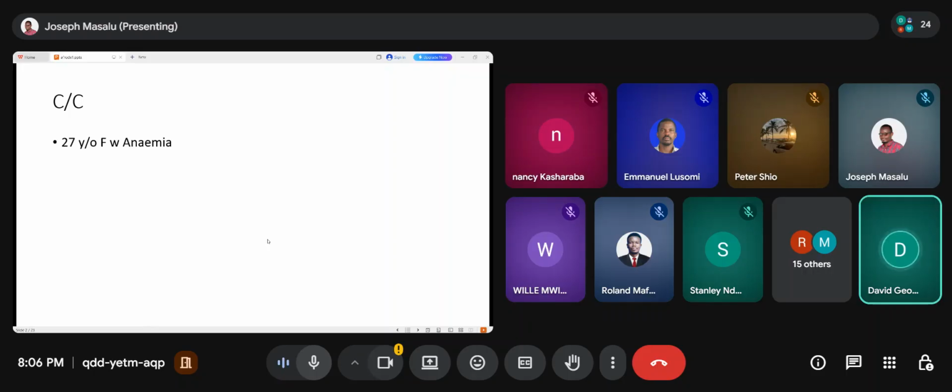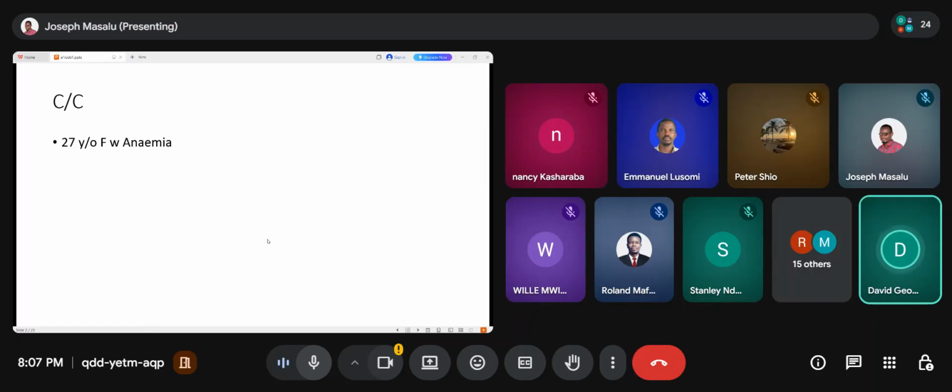So the way I approach anemia is, it's a very broad clinical problem, because it's not a complaint, but it's a very broad clinical problem, and there are so many differentials to consider.